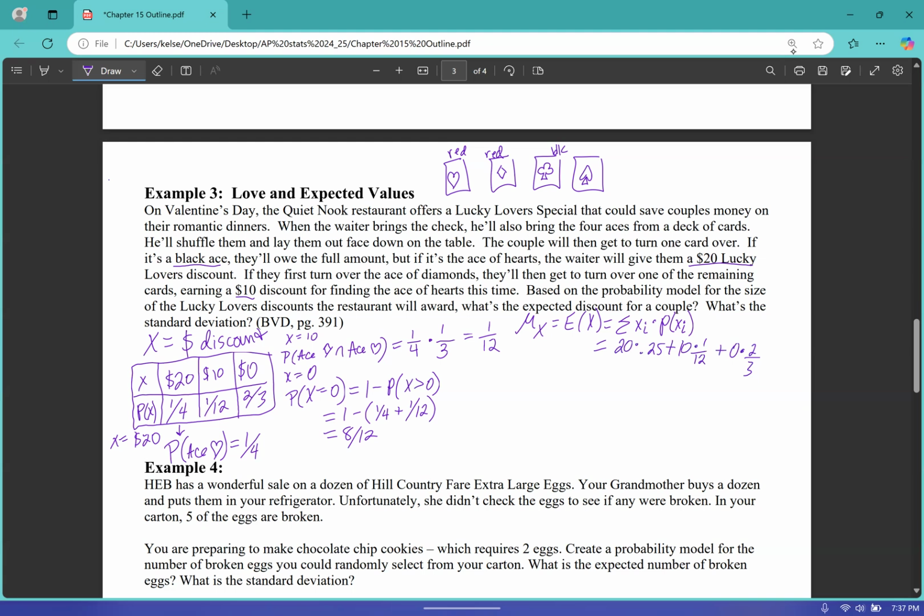And so the mean comes out to be 5.83, and it goes on, dollars. All right, so $5.83 is the mean. So remember, do your writing. In the long run, after many, many trials, right?